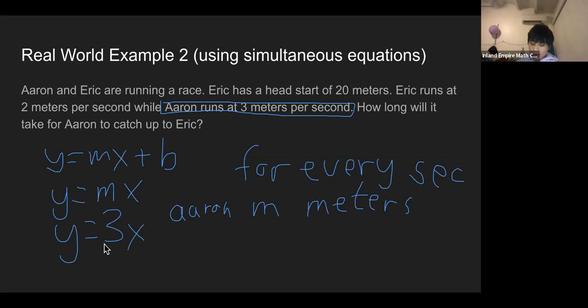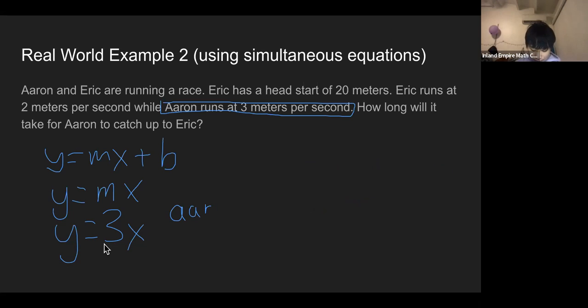Now for Eric, how can we figure out where Eric has run? What do you think is the equation that represents the distance Eric has run based on the number of seconds that have passed? Firstly, we can figure out what m is, right?